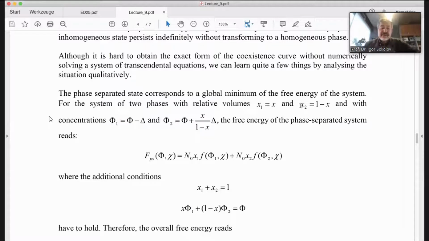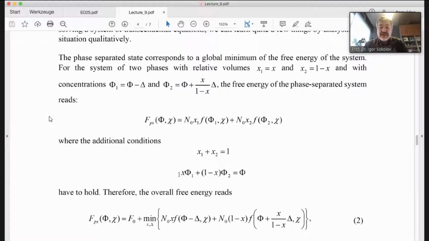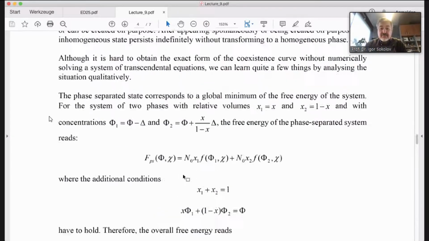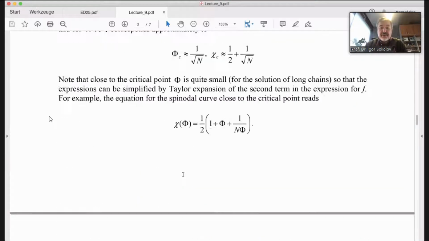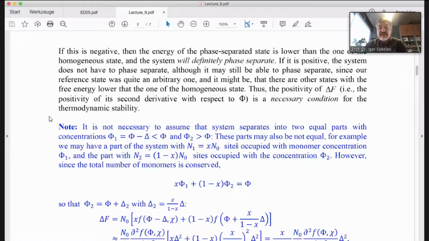X2, this is 1 minus X, is the total share of the volume occupied by another phase. And you have the two concentrations which are connected to each other by the molecule conservation law. And this is what I put in blue in the first part of the lecture. So this is exactly what we were discussing there.